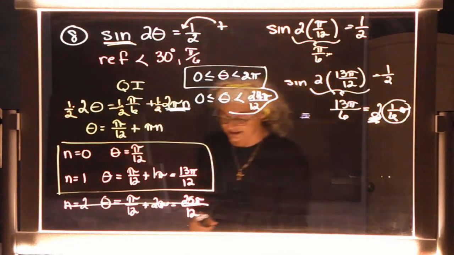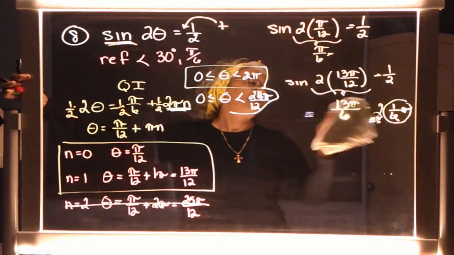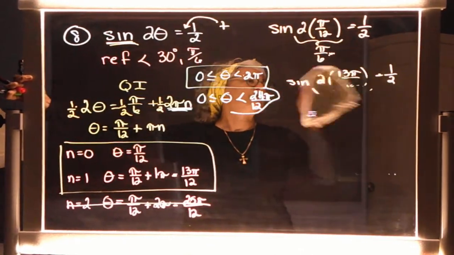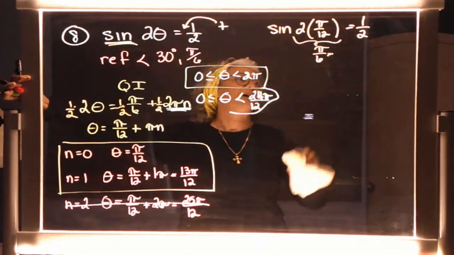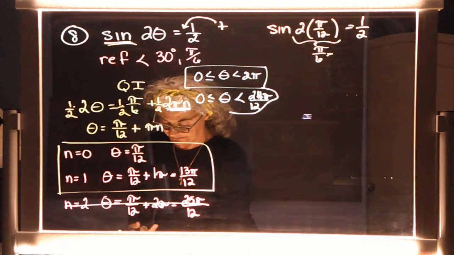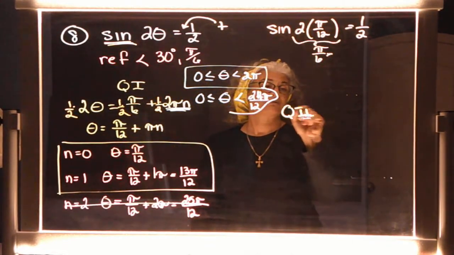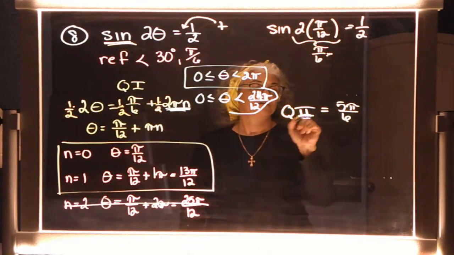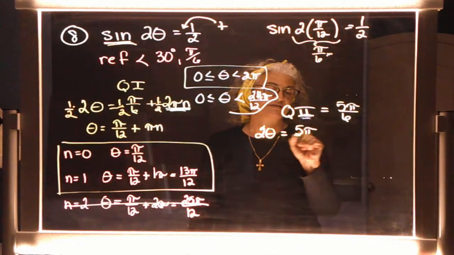Remember, we still had another quadrant, didn't we? We still had quadrant 2, didn't we? Okay, so let me erase this. Quadrant 2 was theta being 5 pi over 6, wasn't it? Okay, so quadrant 2, 5 pi over 6. But it's actually 2 theta being 5 pi over 6, isn't it?